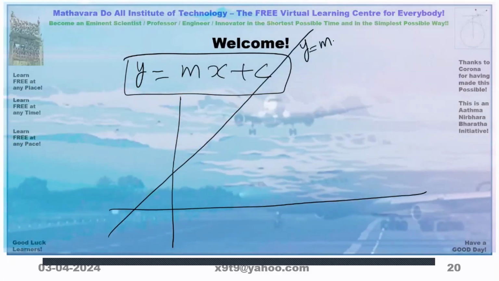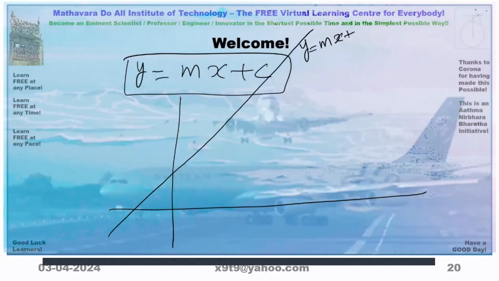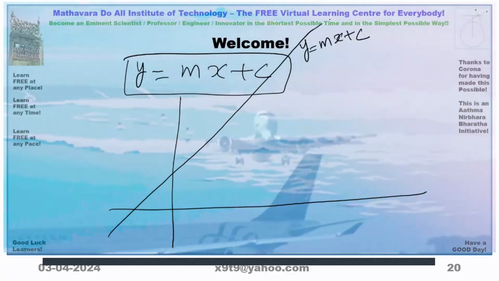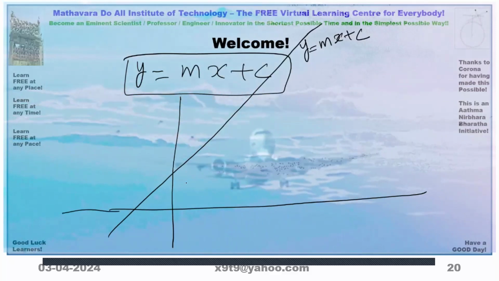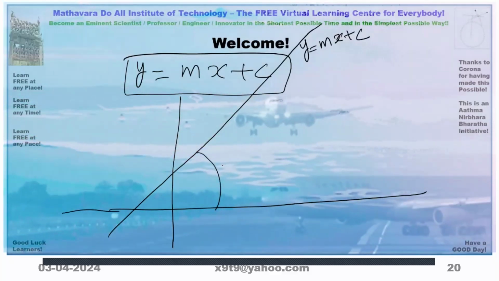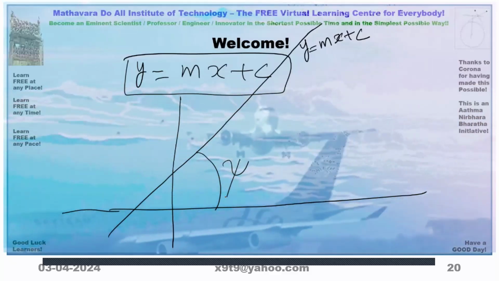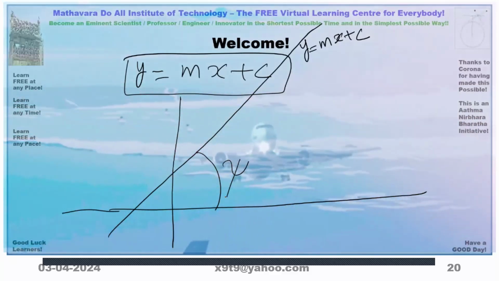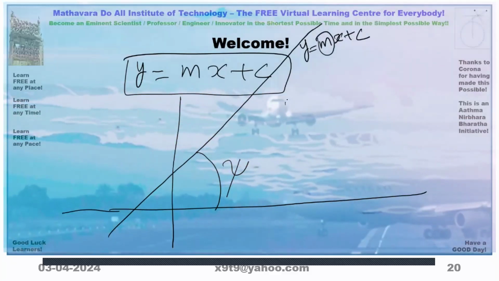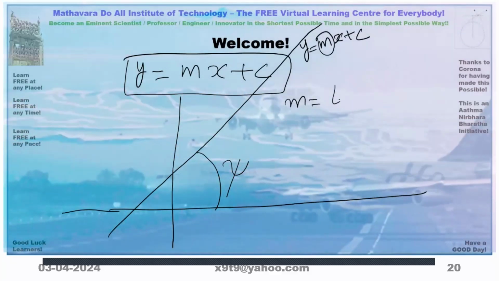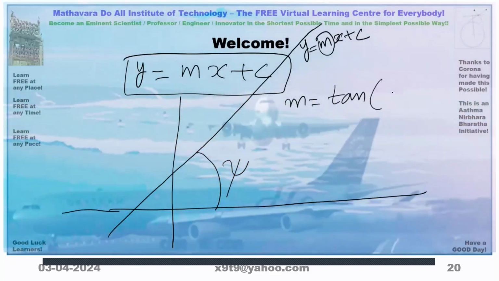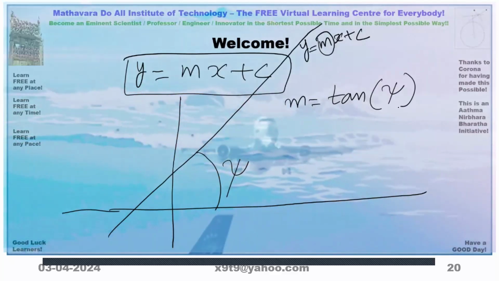This is y is equal to mx plus c. Now we have this angle. I will use the Greek letter psi. So this m, whatever is there, is equal to tangent of this angle psi.